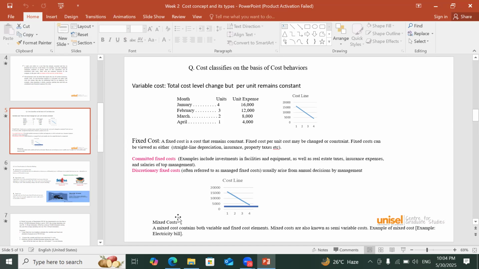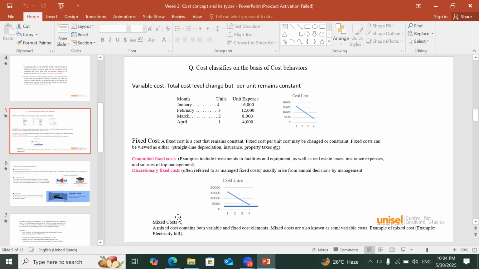Sir, actually, I have some confusion about the mixed cost. Mixed cost is a combination of variable cost and fixed cost. Example, electricity bill. Minimum charge is fixed and the other is variable.